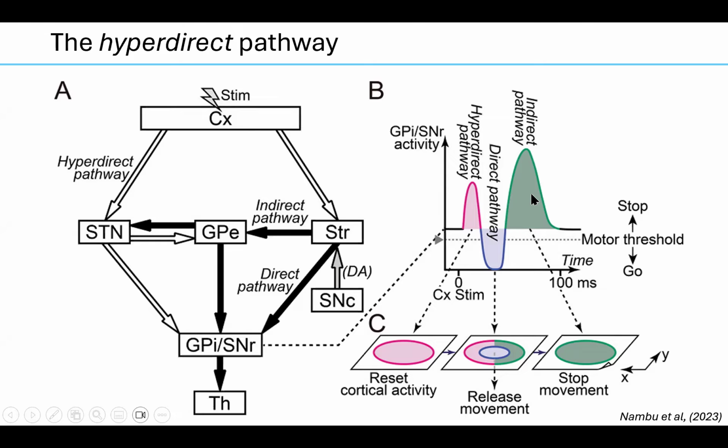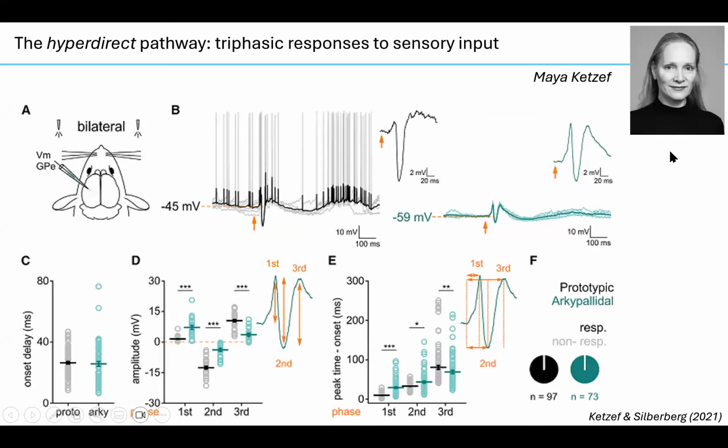So you have these triphasic responses, and we were interested to see, first of all, if this is happening also in sensory stimulation, not just electrical cortical stimulation, and what happens if we play with the different components of the circuit.